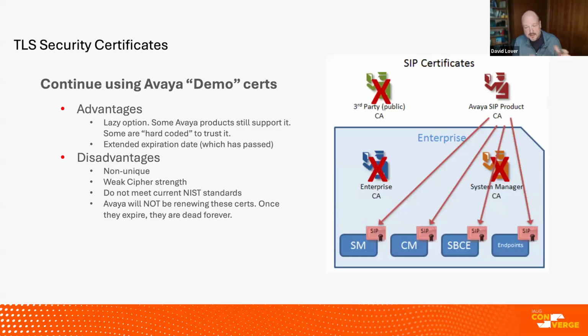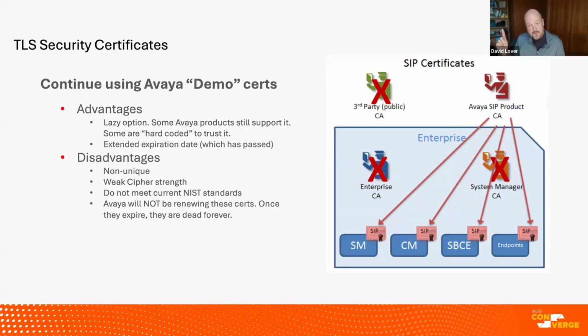At the end of the day, the answer is you might use a couple of these different strategies at the same time. As Nick alluded to before, things that are inside your network and will never have anybody on the outside looking at them, like your Session Manager to System Manager, there's nobody on the public internet that is ever going to need to see any of that communication.